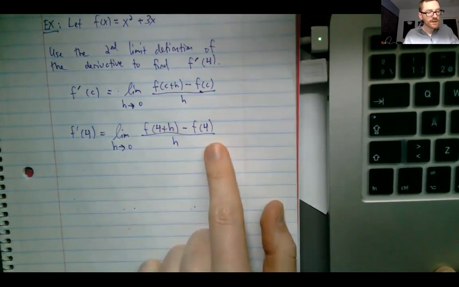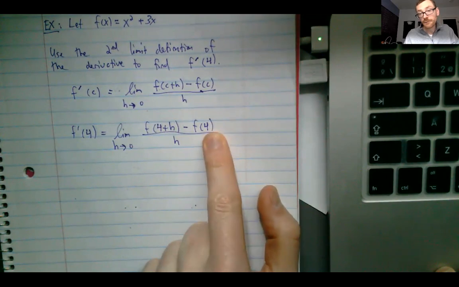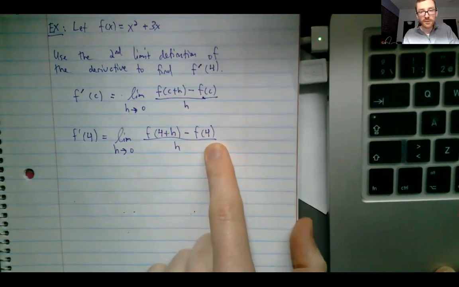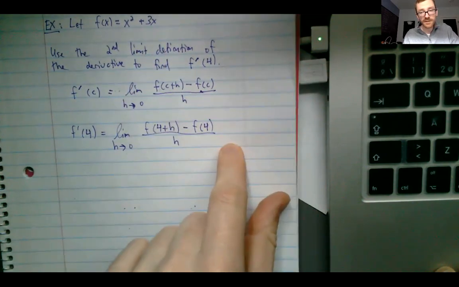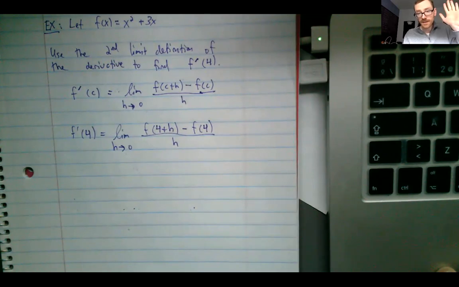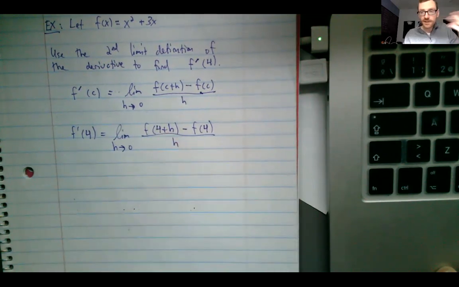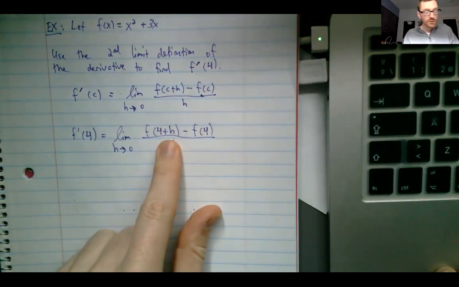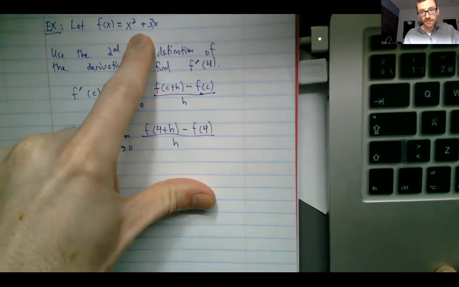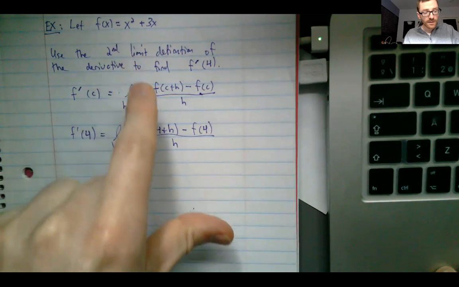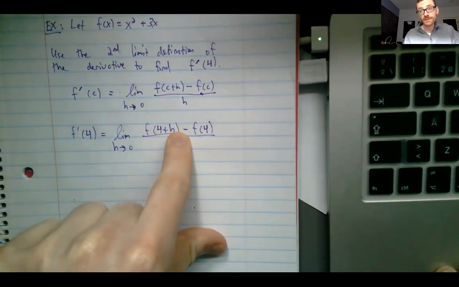They're perfectly fine with f of 4. They know that means I just plug 4 into the function, like I replace any x's that I see with 4s. But they see the 4 plus h and they get a little confused. Okay, but the idea is the same. F of 4 plus h simply means you go to the formula for f and you replace any x's that you see with 4 plus h.